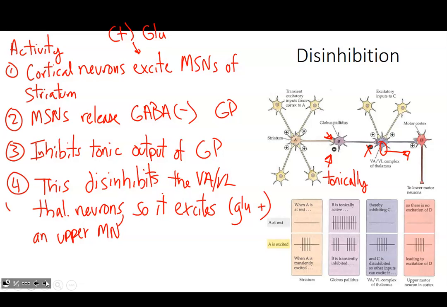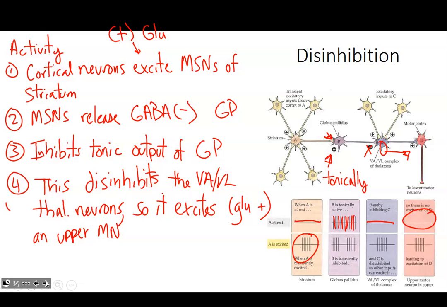And so you can see down here what we're saying, right? A is at rest. There's no activity in the striatum, so B is still firing action potentials. It's tonically active. Because this is GABAergic output, it inhibits the VAVL of the thalamus, and that inhibition produces no output, right? No motor response. But when the cortex excites striatal cells, those medium spiny neurons generate action potentials, and they release GABA.